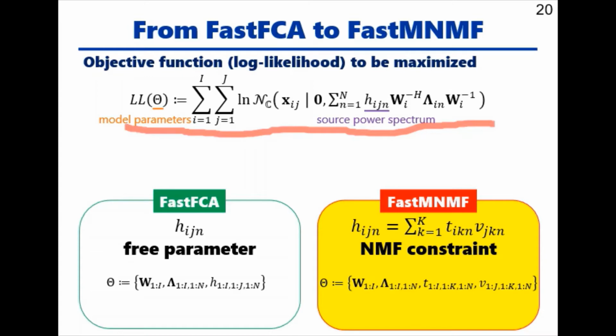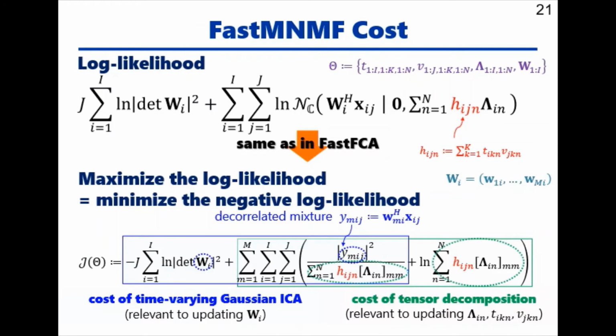In FastFCA, it is a free parameter, whereas in FastMNMF, it is parameterized by NMF like this. Our objective is maximizing the log likelihood, which is equivalent to minimizing the negative log likelihood given by this equation, as in FastFCA. Unlike FastFCA, here H is parameterized by an NMF model.